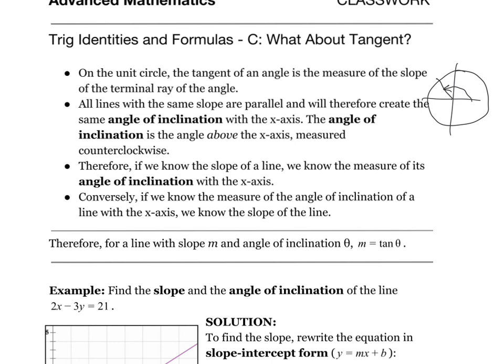Now, when we talk about finding the angle of a line, that's one of the really cool things about trigonometry: it relates angles to things like slopes. If we had an xy coordinate system and drew a line, y equals mx plus b, we could ask, what's the angle of that line?